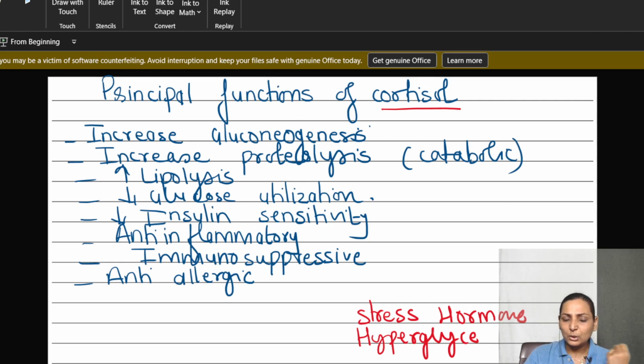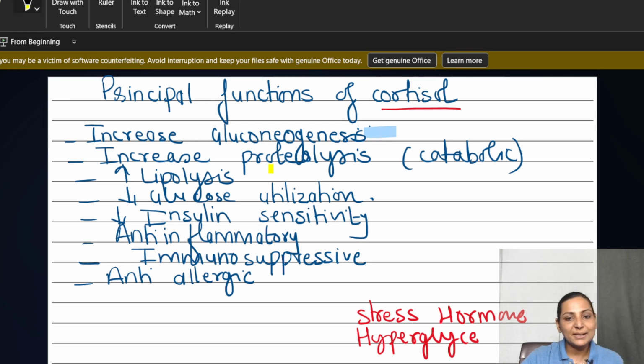Others, quickly recap, are catecholamines, glucagon, thyroid and growth hormone. So I repeat, growth hormone, catecholamines, glucagon, cortisol, thyroid are all hyperglycemic hormones, and the only hypoglycemic hormone is insulin. So among the principal functions is increasing the blood glucose level, that is gluconeogenesis.